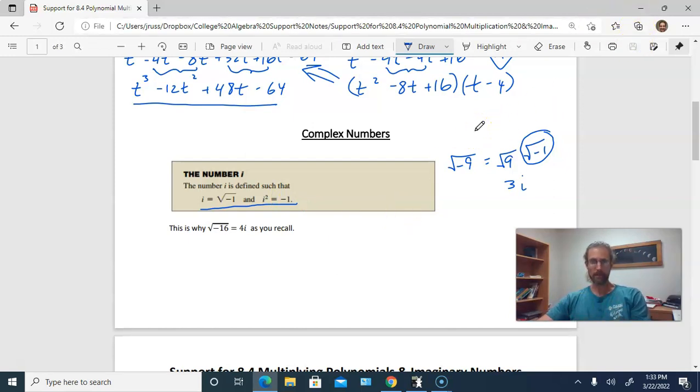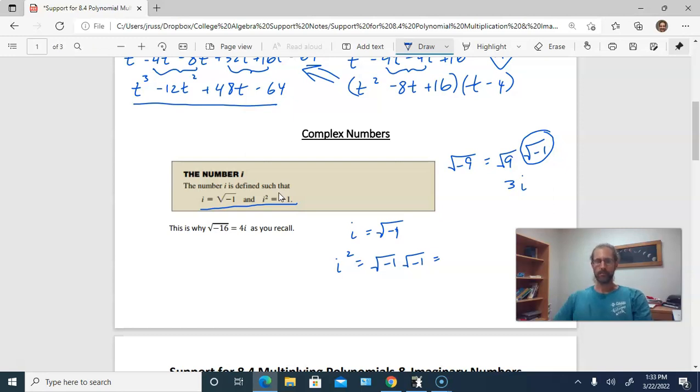All right. Oh, there's one other part of this definition that I want to mention right here. The fact that i squared is equal to negative 1. I want to show you why. So we know that i is equal to the square root of negative 1. So if we square that, i squared would literally be the square root of negative 1 times the square root of negative 1.